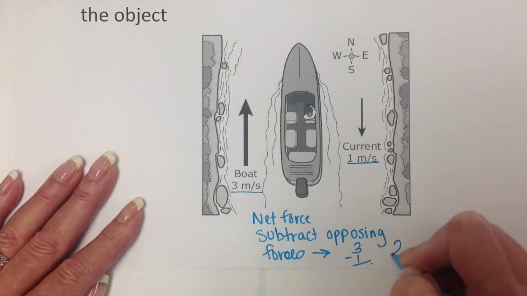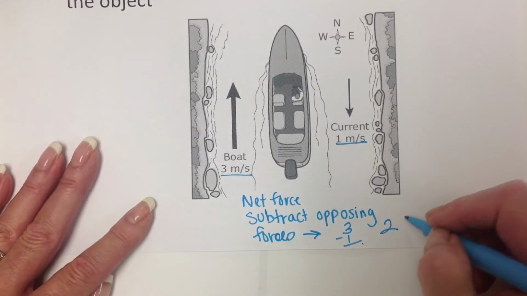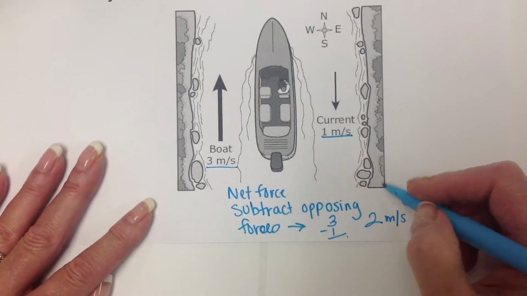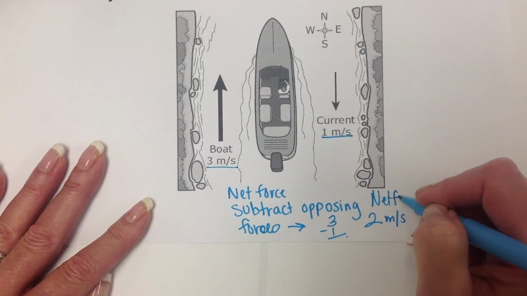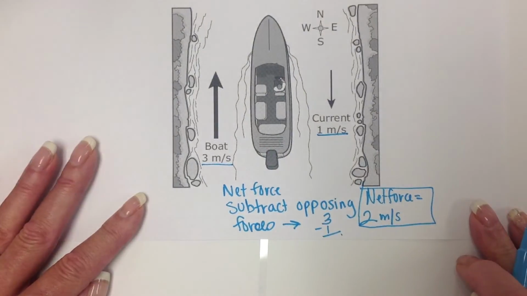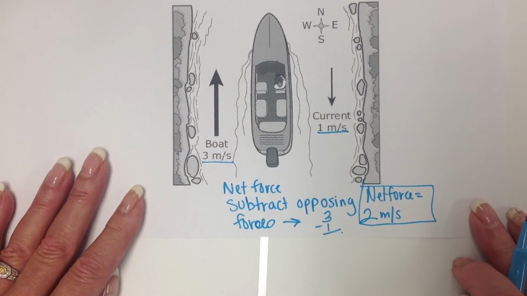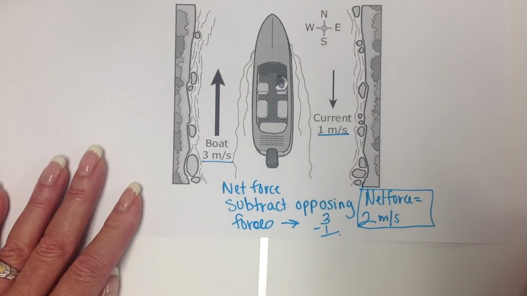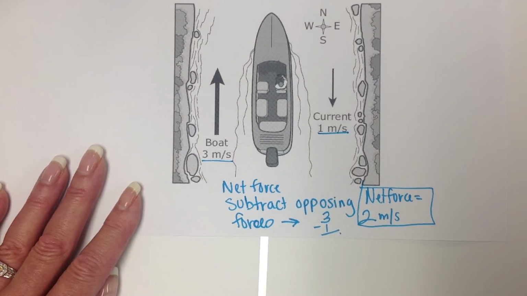So we have 2. Our net force is 2 meters per second, and that's our net force acting. Right? Because that's the motion. Net force 2 meters per second forward. You could also say north, but then you have a speed and a direction. That would be its velocity. All right, so that's all on calculating net force in Newton's first law.